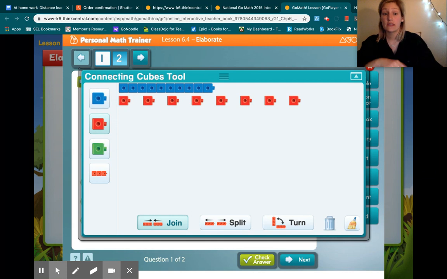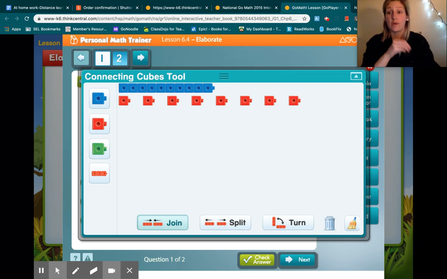So right now I see one group of 10, but I don't know how many ones I've got. So I want you guys to count with me to figure out how many ones we have, okay? 1, 2, 3, 4, 5, 6, 7, 8. So if we look, we have one group of 10 and we have 8 ones.